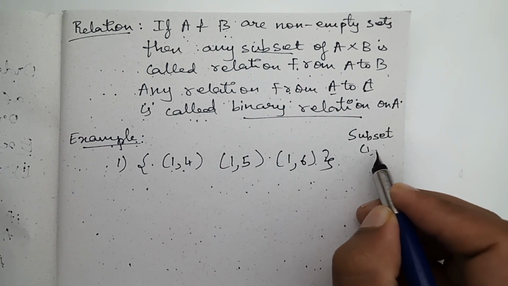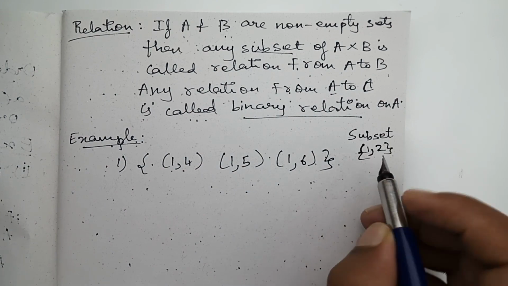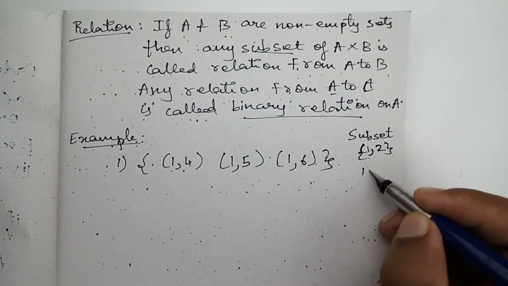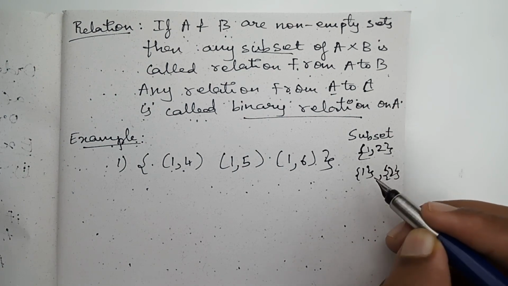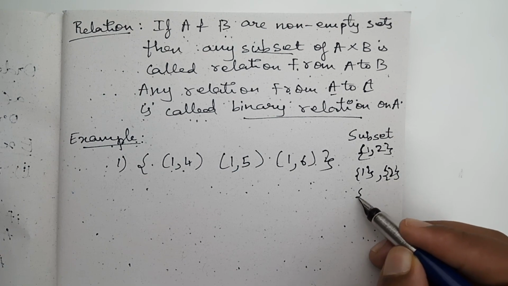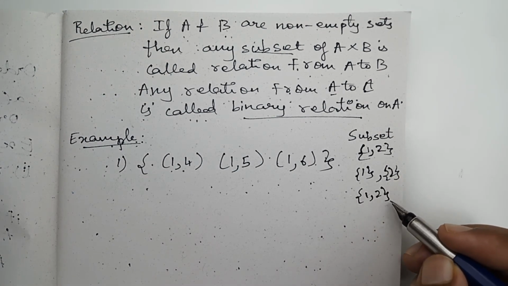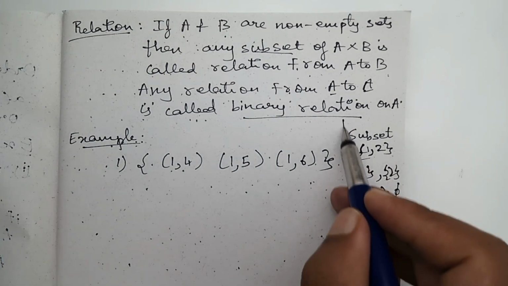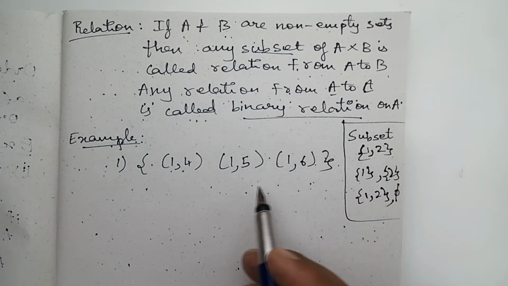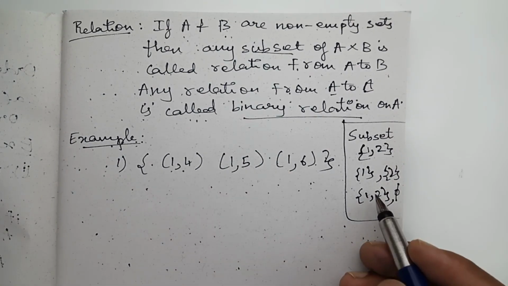For this, the subsets are 1, 2, 1 comma 2 and not a 0. These are the subsets for this. Like this. This is the relation for this.